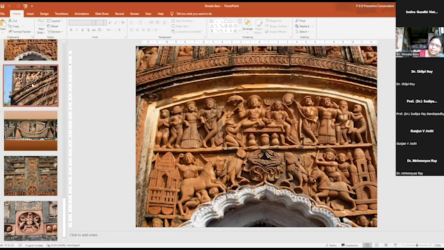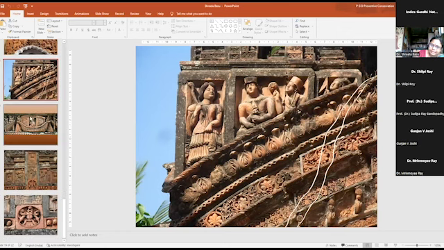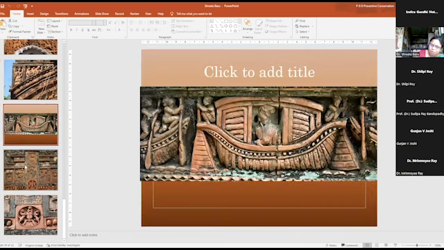The next one is from the Sribati temple, and the European figures are there. The next slide is also from the Sribati temple. There are plenty of boats in the temple, and we have discussed that they carried salt and other materials by boat.